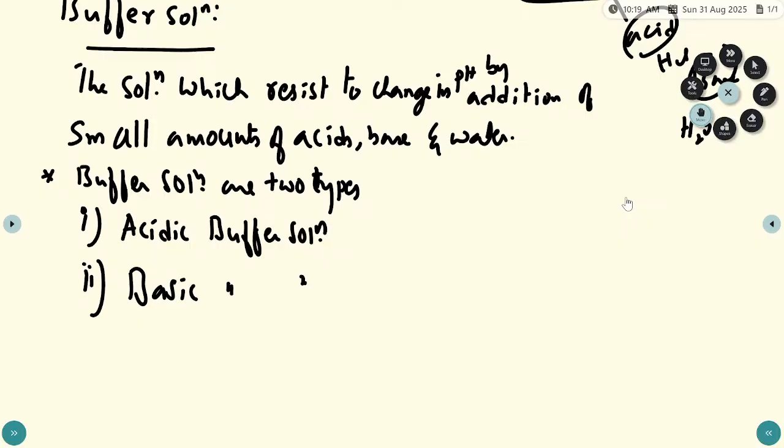Now there is 100 ml, and you can directly add 200 ml. By doing that, there is no change in the pH.